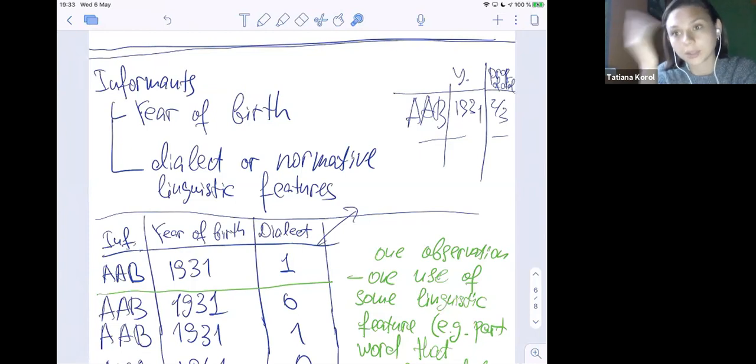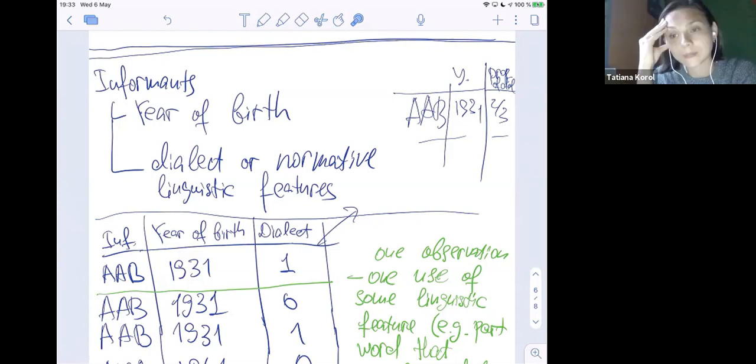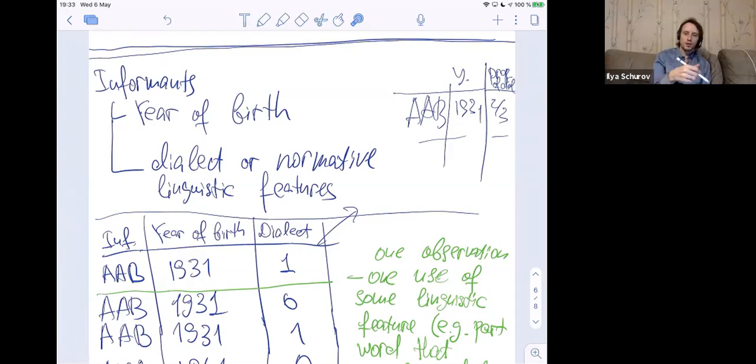Yes, I see. So if you know that for each informant you have a lot of data, then you can try to use just a linear regression in this kind of problem. And of course, when we discussed linear regressions, we said that for each coefficient we don't have a single correct numeric value.